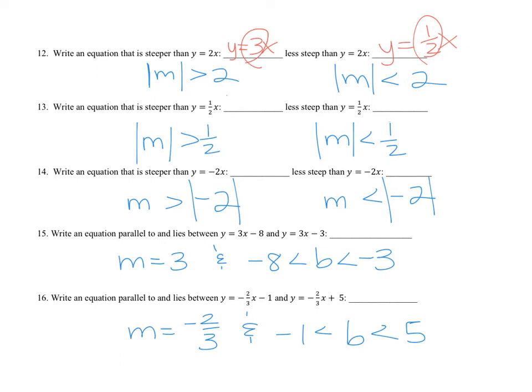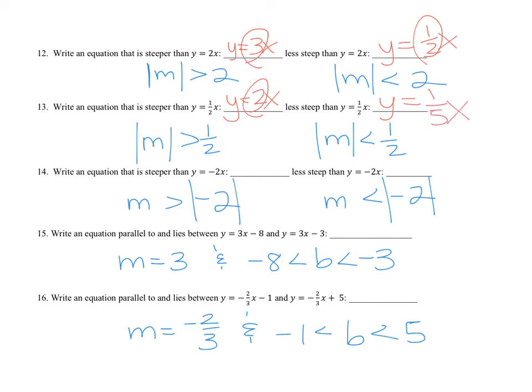And the next one, I said y equals 2x here. The absolute value of your slope has to be greater than 1/2. And then the next one, your absolute value has to be less than 1/2. So I would say y equals 1/5 x, okay?